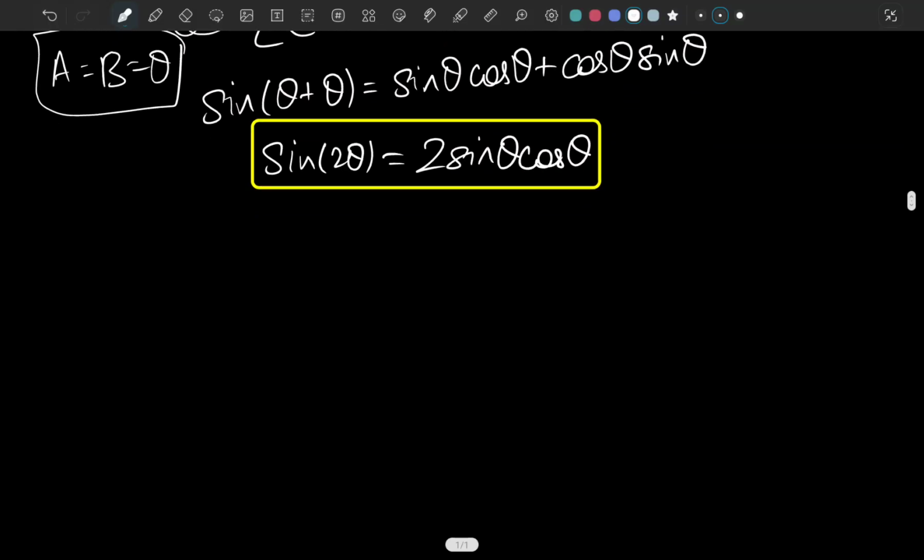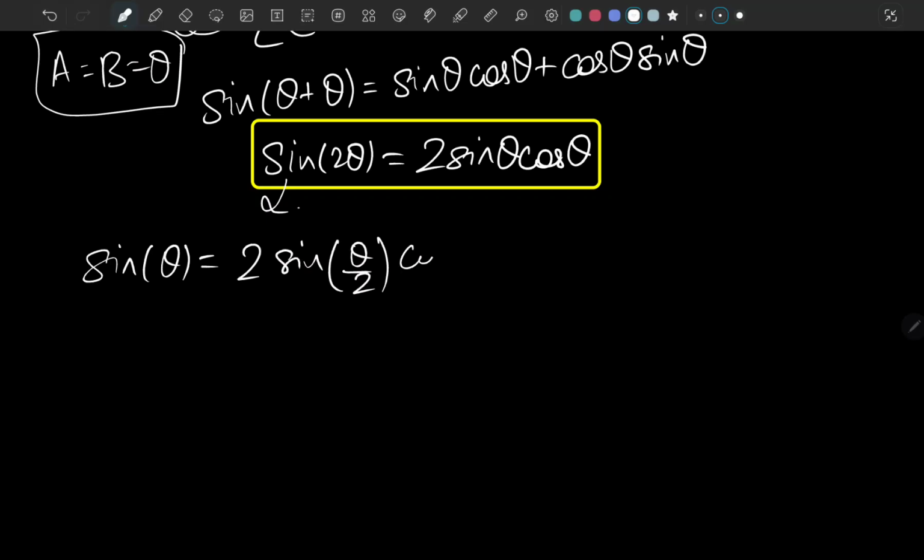Now in this relation, we have to talk about sine of theta only. So that is going to represent 2 sine of theta over 2 times cosine of theta over 2. We have just replaced theta with theta over 2 on both sides. That's it.